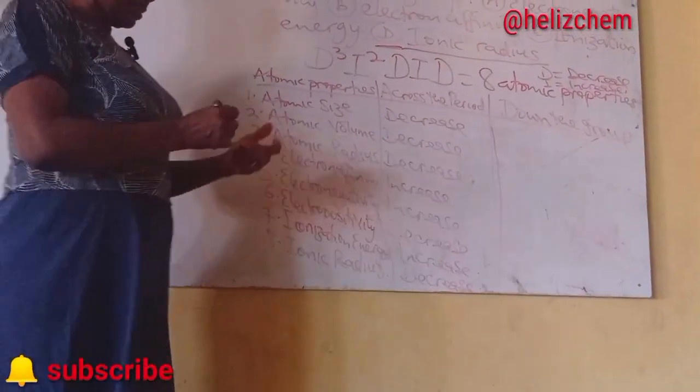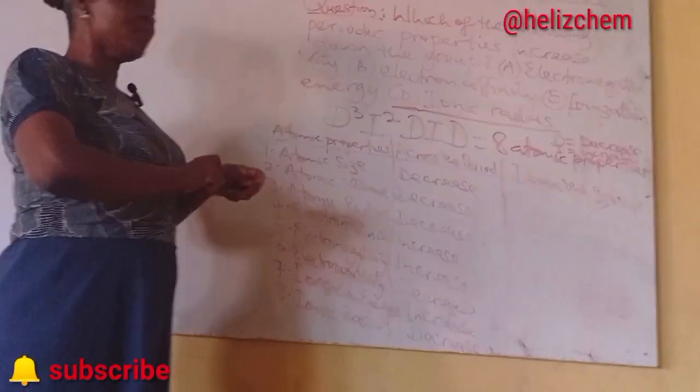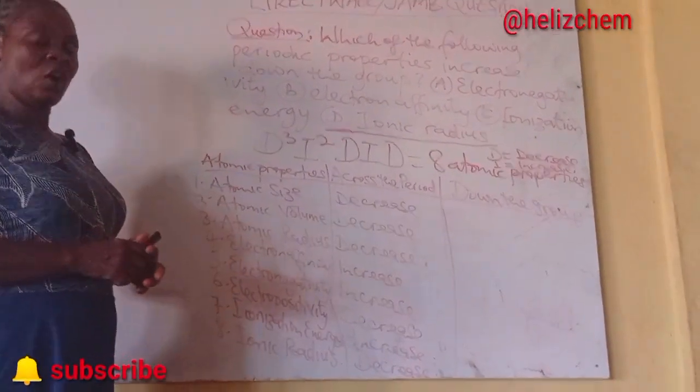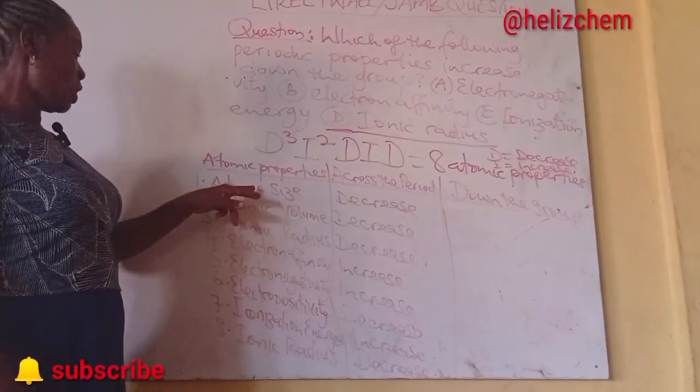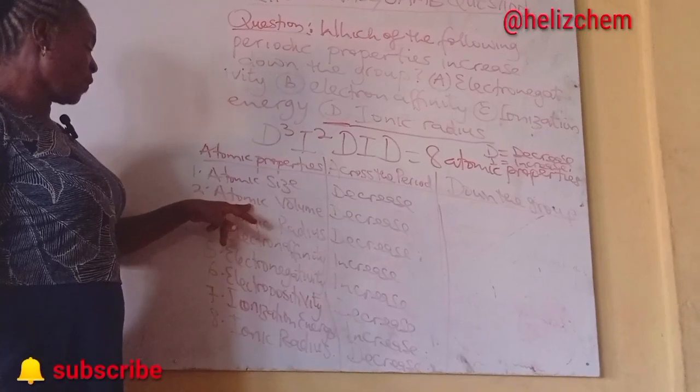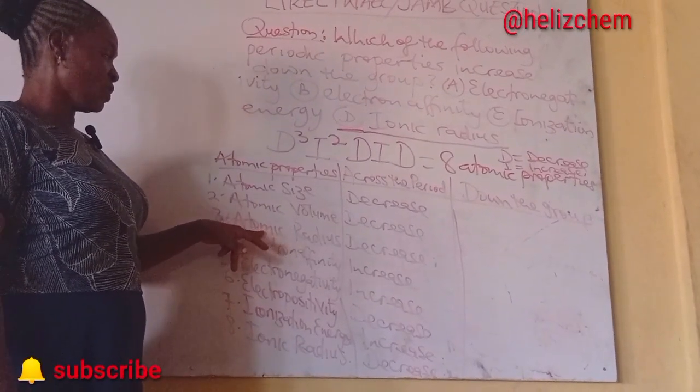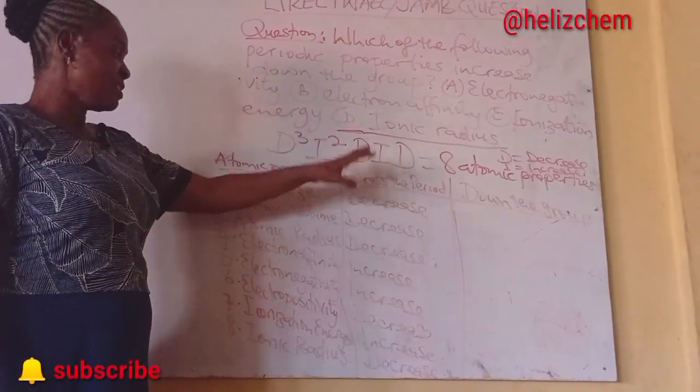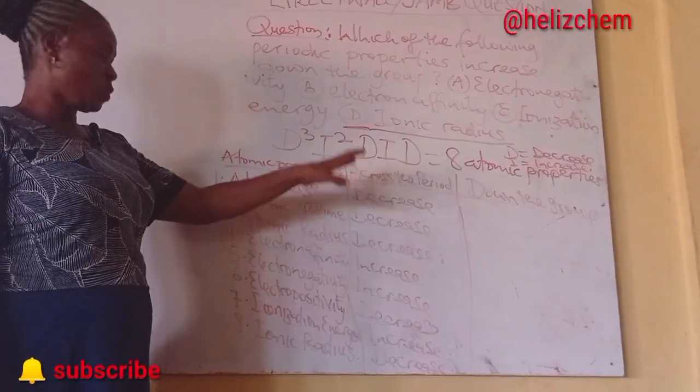So meaning that when you move from left to right of the periodic table, atomic size, atomic volume, and atomic radius decrease from left to right.